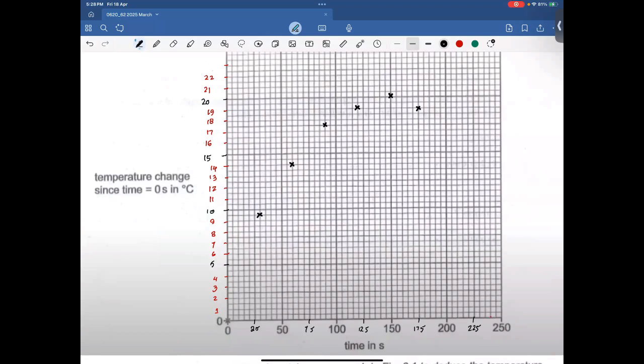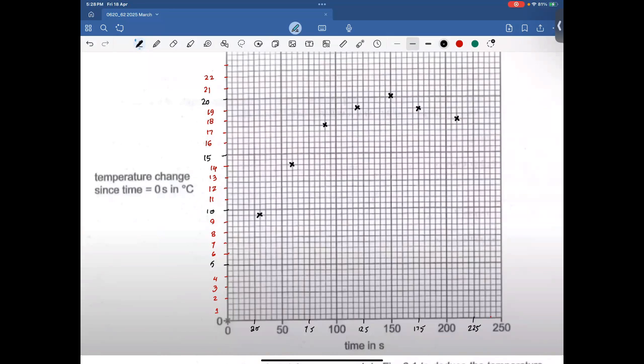And 22, above 10. This is 210, 18. Okay. Let me check. This is 175.